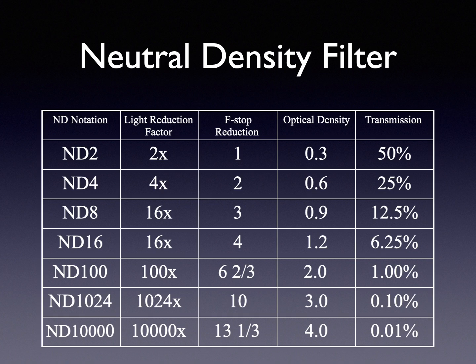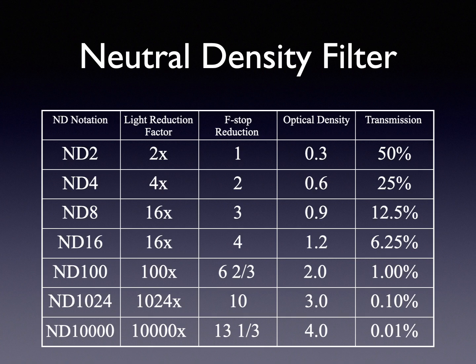As you can see, if you go from a neutral density 2, it's a 2x, one stop, less light. So if you were at 100, you could go down to 50. With an ND4, you could go down to 25. With an ND8, your ISO would now be 12 and a half, as you can see in the series.